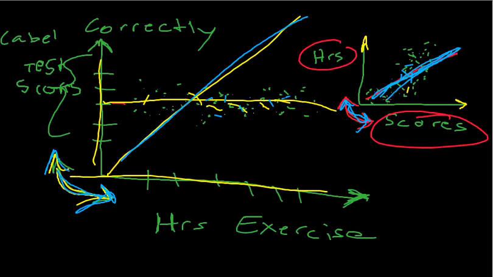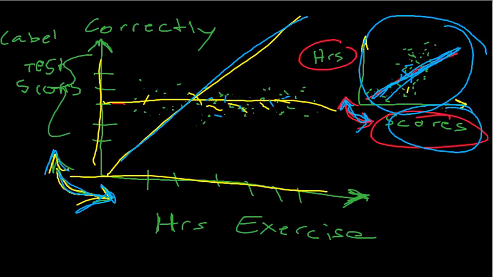Although you read this graph correctly, this graph is not the correct one because test scores and hours are not in the right place. So the things I want to bring home here are where the independent and dependent labels go. You've got to make sure they're done right, or you'll read a graph backwards.